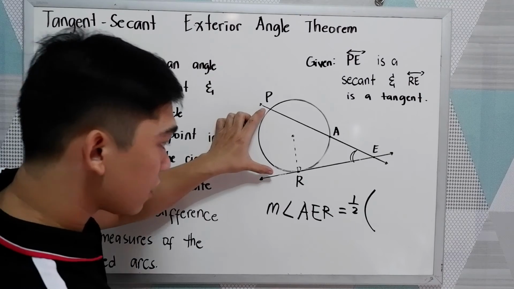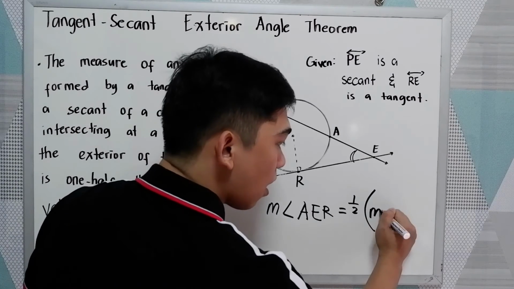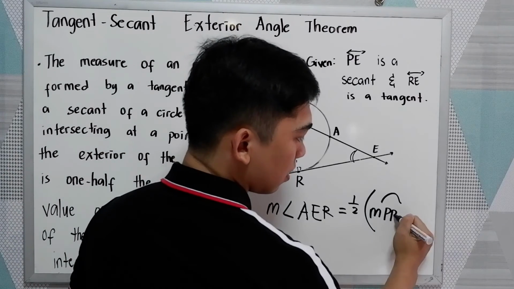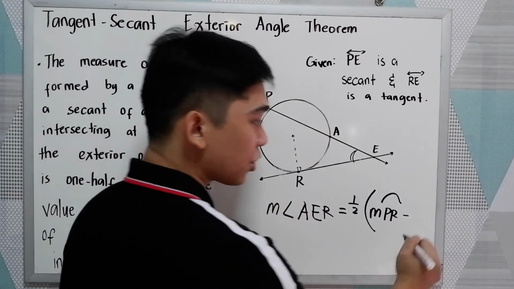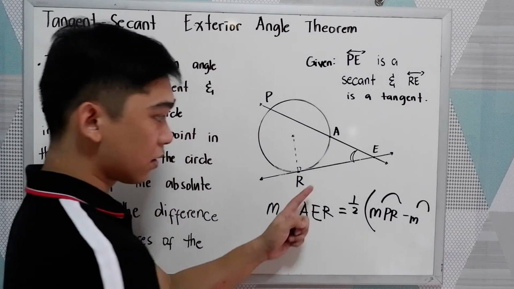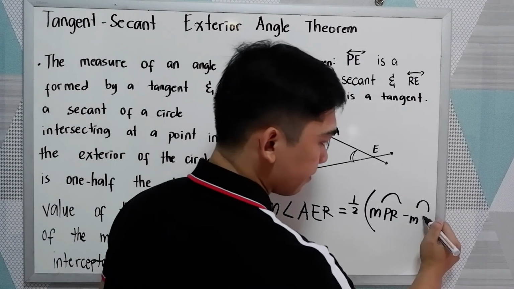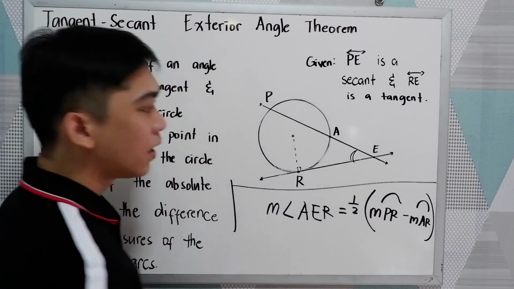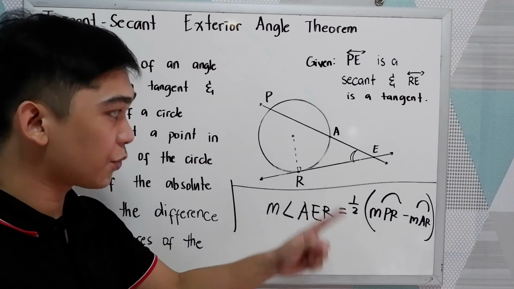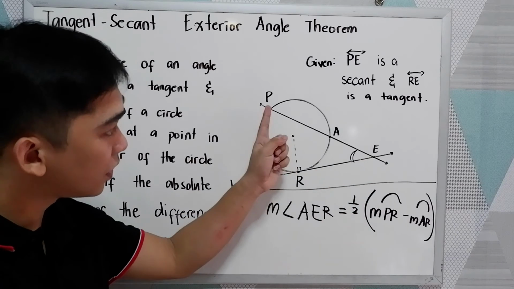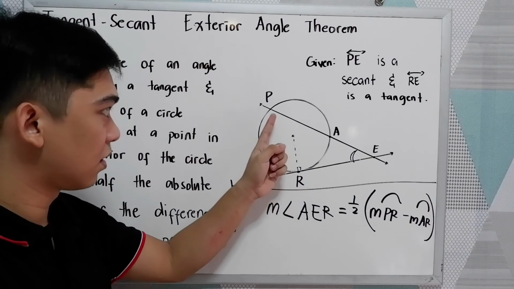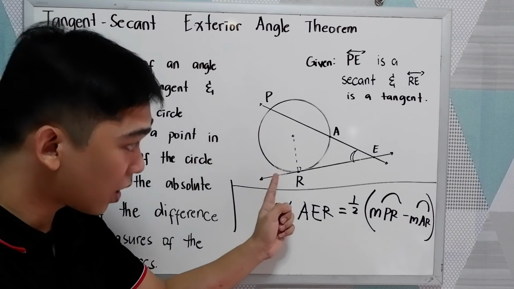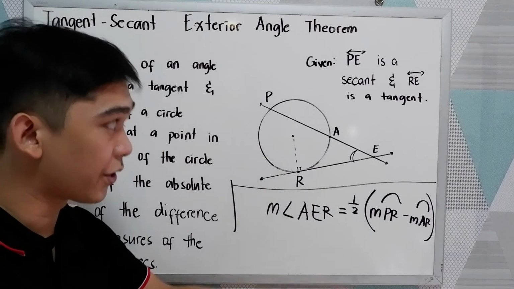So we have the measure of arc PR minus the measure of arc AR. That would be our conclusion: the measure of the exterior angle is equal to 1/2 of the difference of the intercepted arcs, PR minus AR.